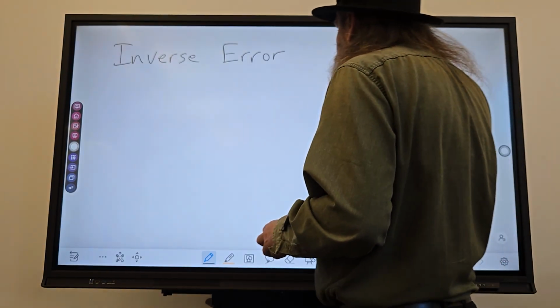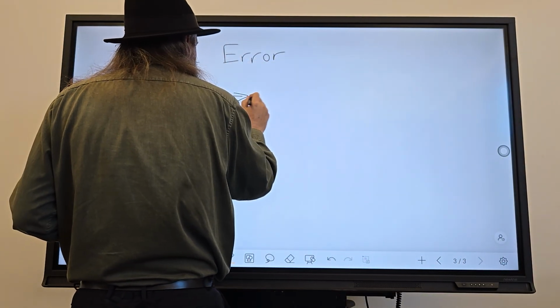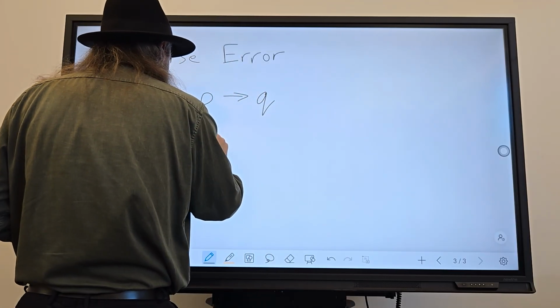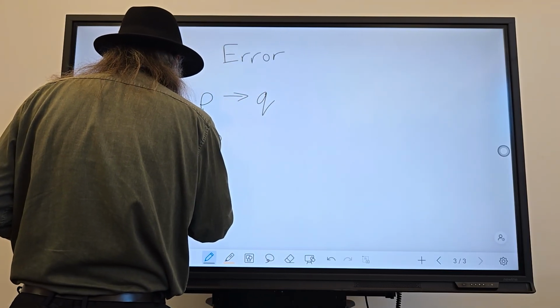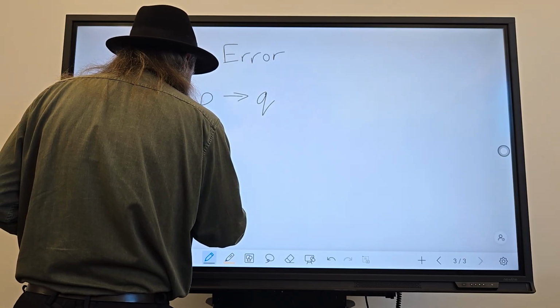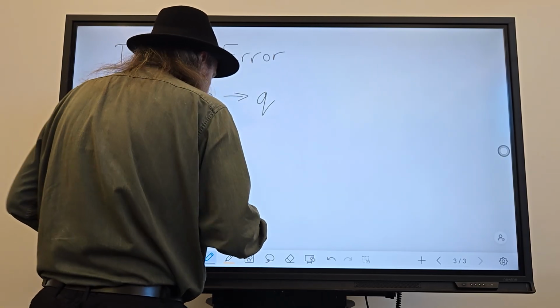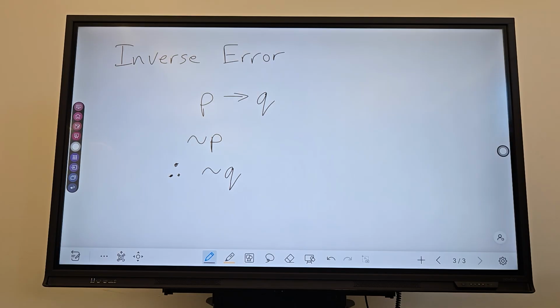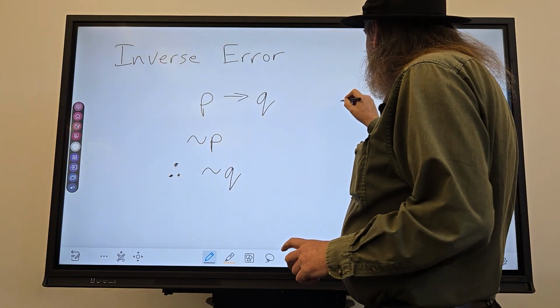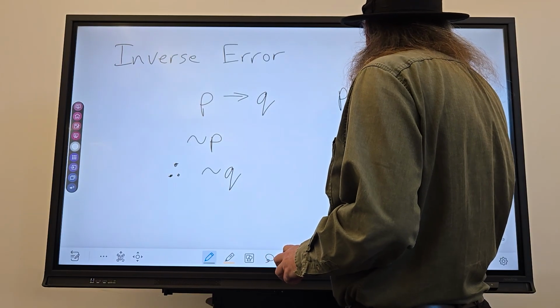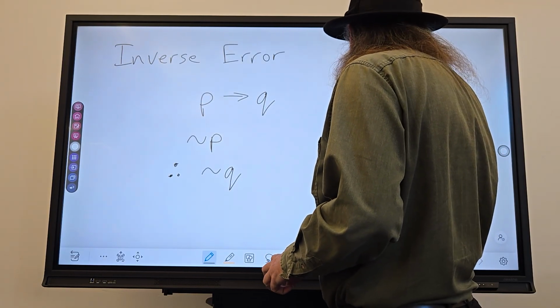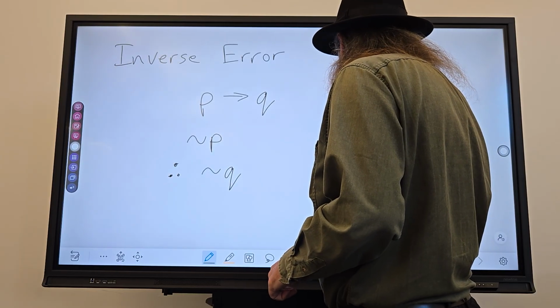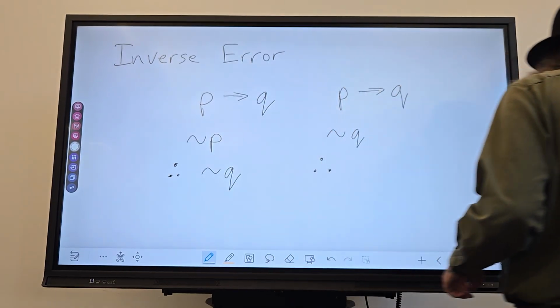This has the form: if P then Q, not P, therefore not Q. Now, modus tollens is: if P then Q, and not Q, therefore not P, right?